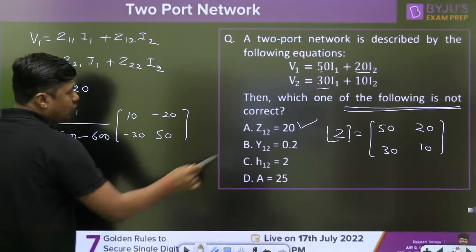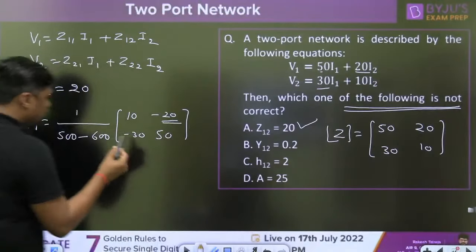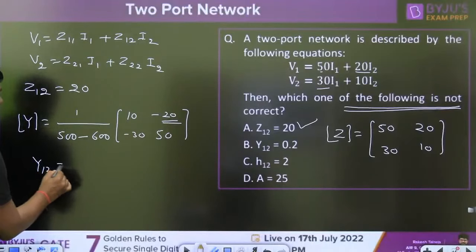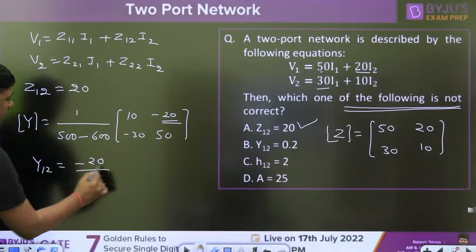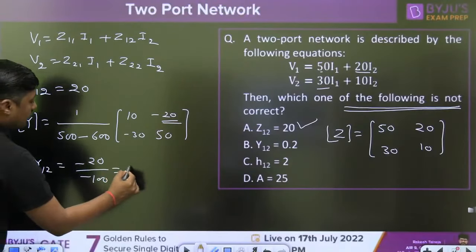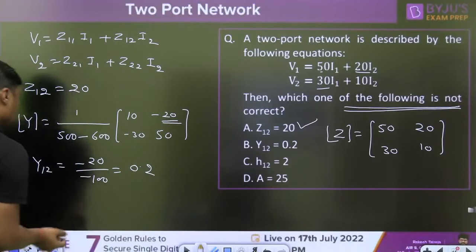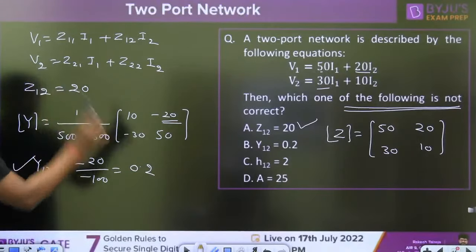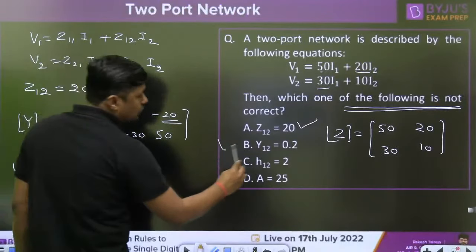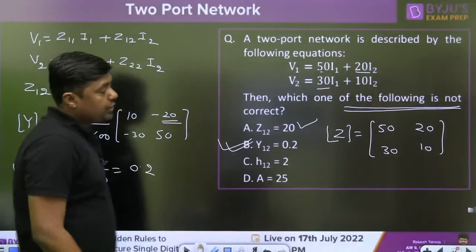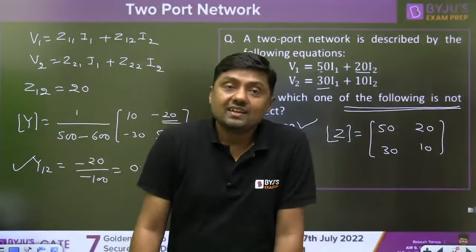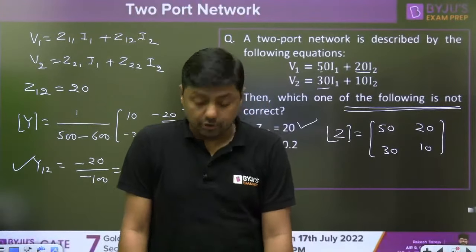And what is asked here? Y12. Y12 means this position. So simply you can directly find the Y12. Minus 20 divided by minus 100, that is 0.2. That is also correct. Y12 is also correct.